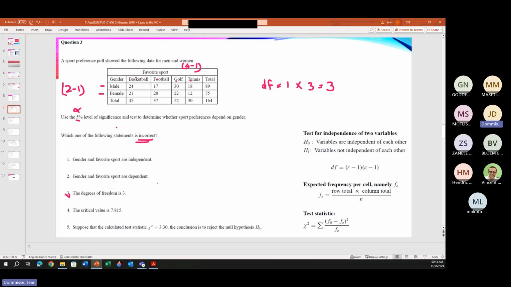So they should have added here H0, and here H1, so we're missing a bit of information, because H0 is always the one testing for independence, and H1 is always the one testing for dependence. So they have forgotten in these answers just to add the null and alternative hypothesis.